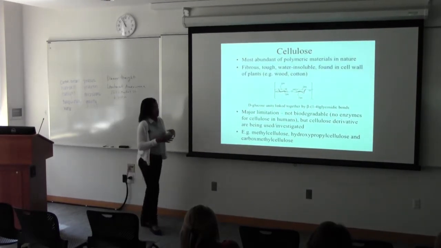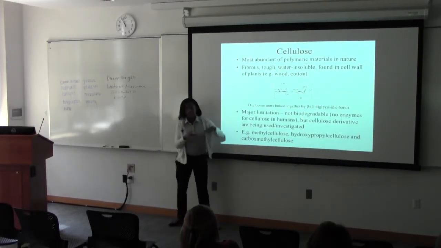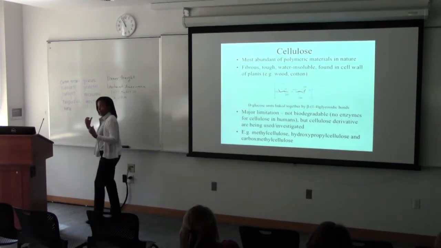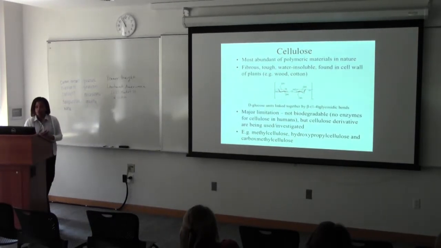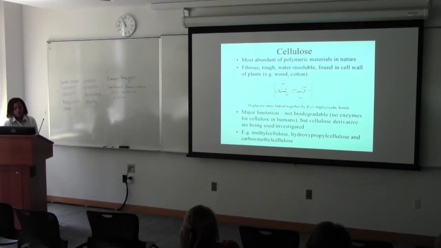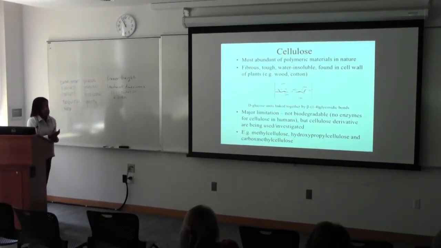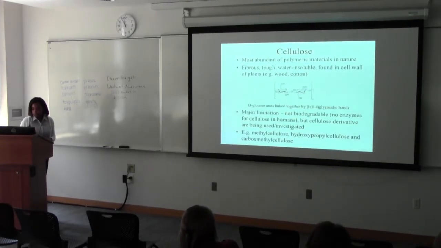But again, it's very beneficial. Why? Because it is a natively fibrous material, very tough, very strong. So in many ways, people are looking at it as a substitute maybe for collagen, if you can modify it to have some real biological benefit. Okay, so that's cellulose.